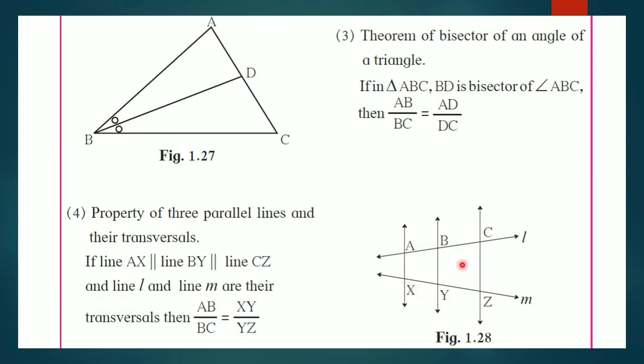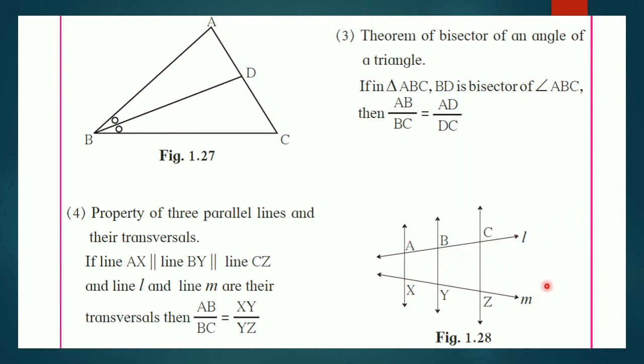Here when you write the ratio, you have to be very careful because the ratios are on the basis of the parallel lines. The diagram actually is inverted over here. In the theorem we showed the parallel lines horizontally and the transversals vertically. Here we have shown the parallel lines vertically and the transversals horizontally.